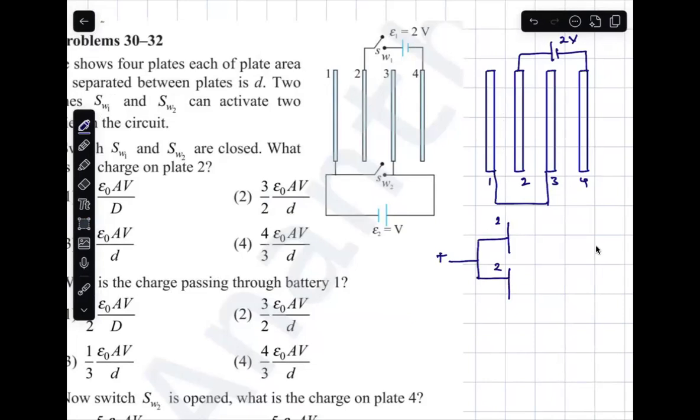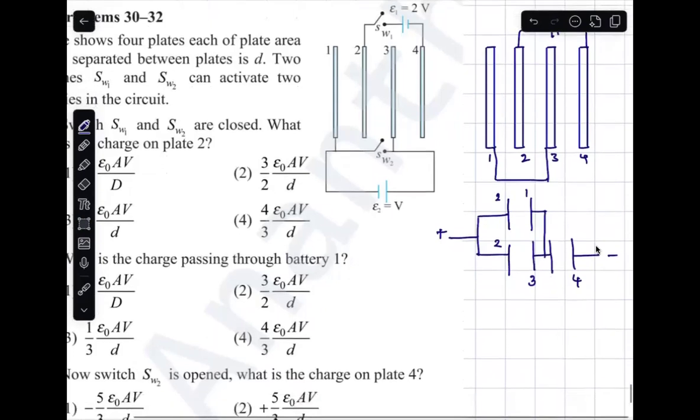Opposite to plate 2, you have plate 1, and opposite to plate 2, you have plate 3, and 3 is again opposite to 4. 4 is connected to the negative terminal, and 1 and 3 are connected like this. That's all. I think you can clearly understand what the circuit is now.